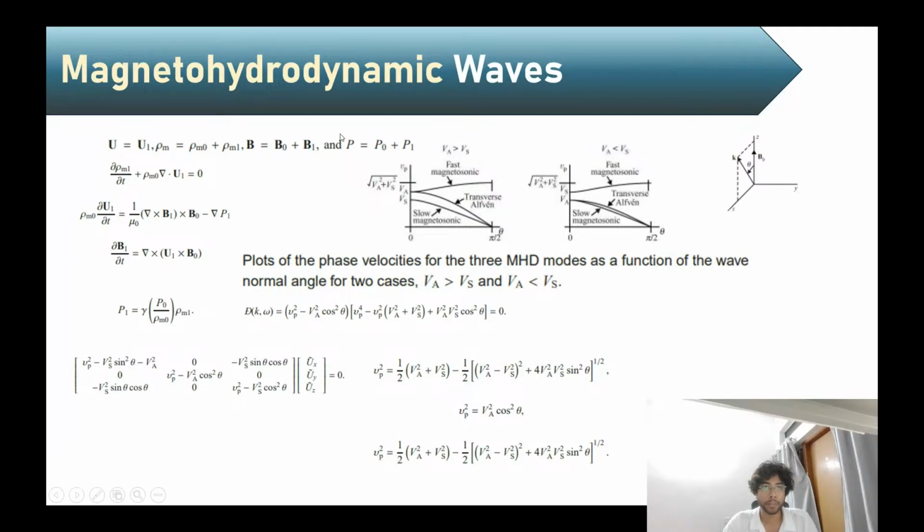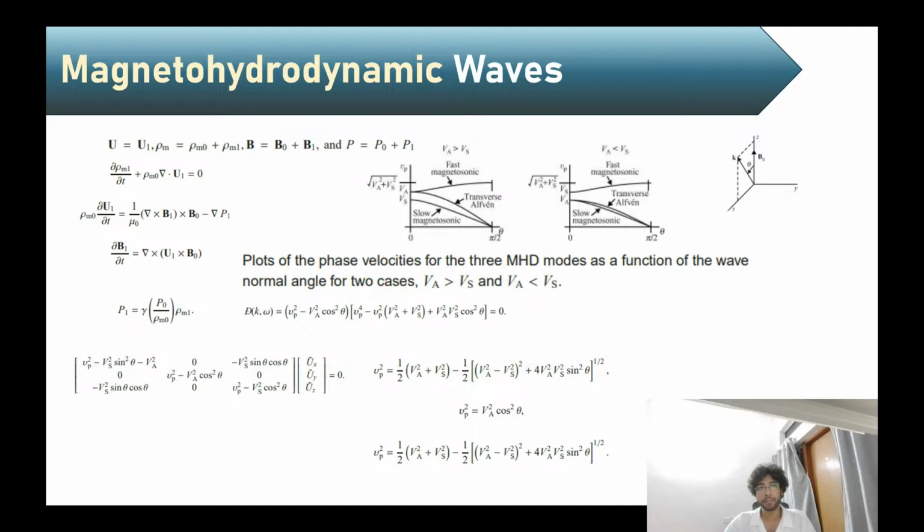In the base state, the plasma has some density rho m naught. This subscript naught denotes the quantities in the base state. Similarly, B is B naught in the base state, P is P naught, and velocity is obviously zero in the base state.